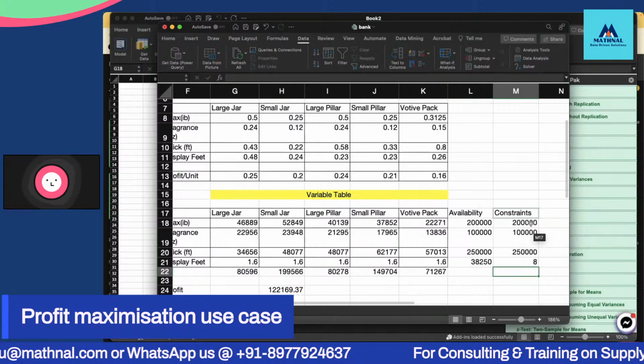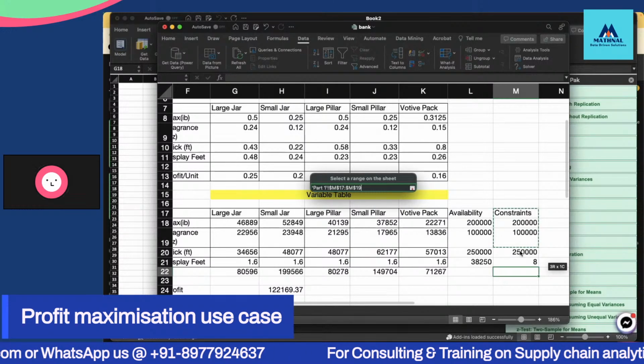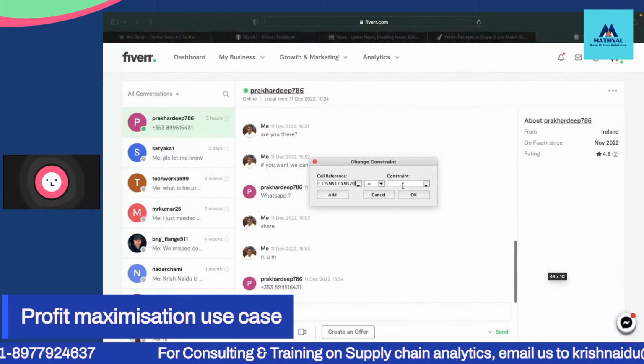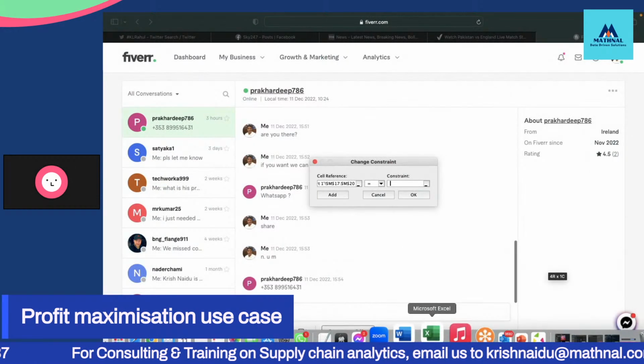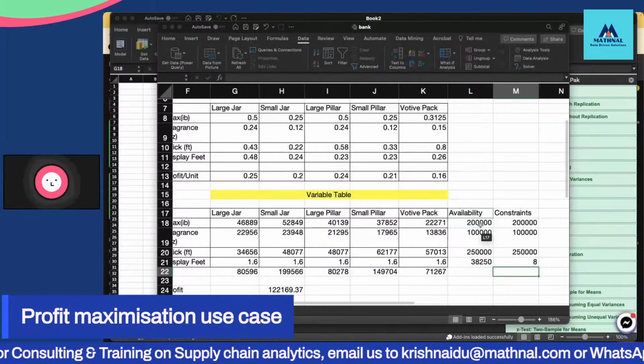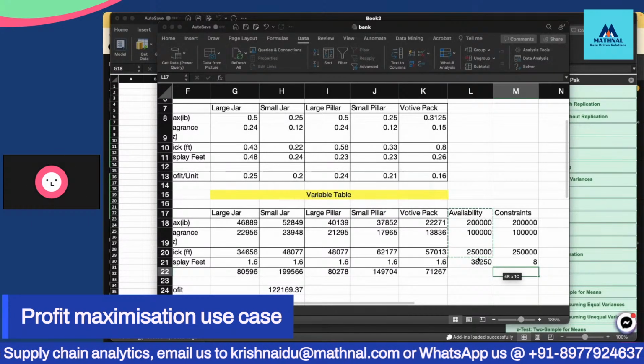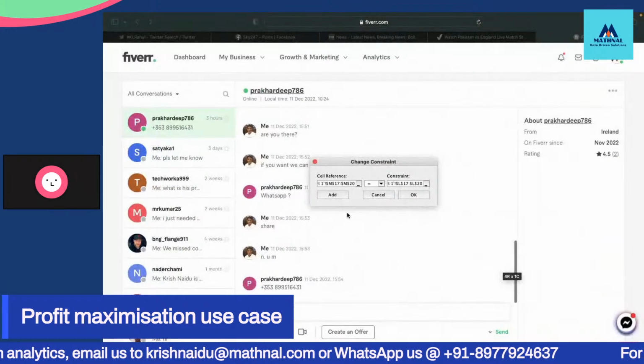So this has to be equal to this. I'll add this.